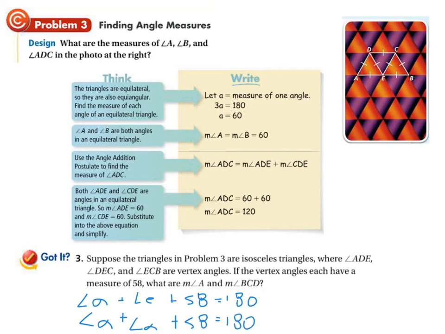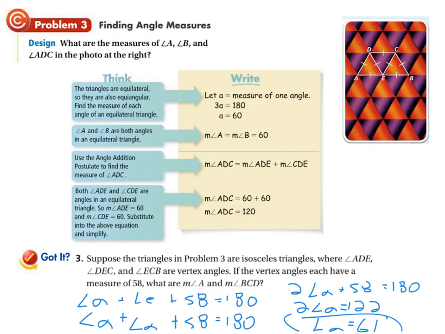That means 2 times angle A plus 58 equals 180. When we subtract away 58, we get twice angle A is equal to 122. And when you divide by 2, you get angle A is equal to 61 degrees.